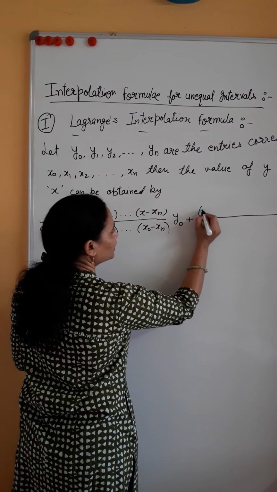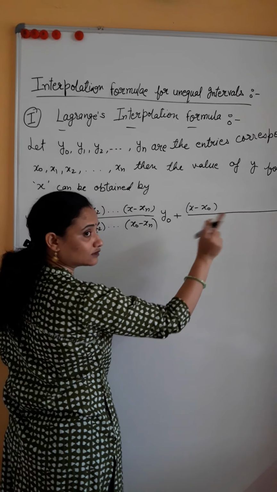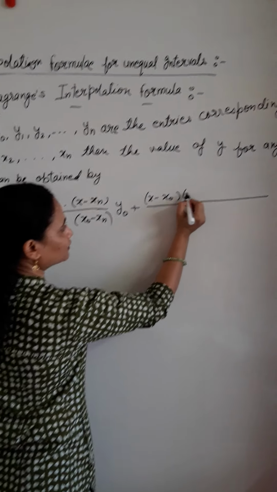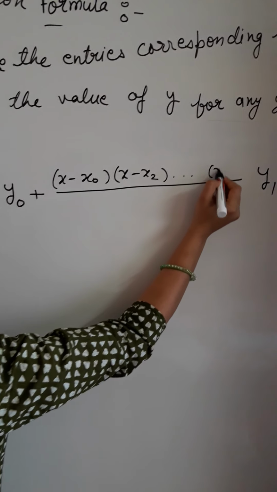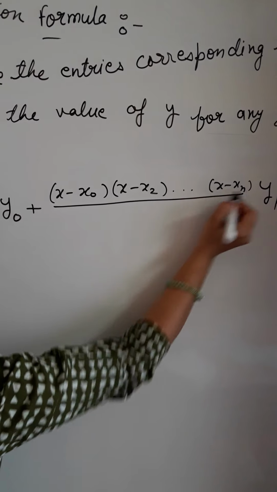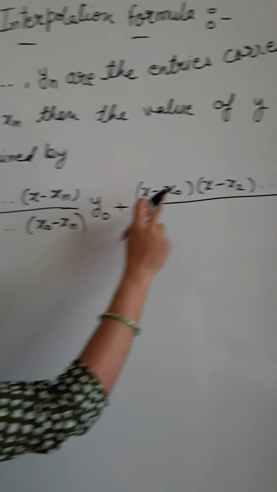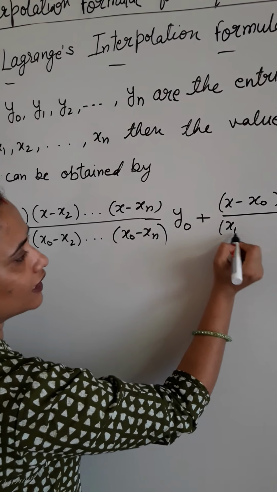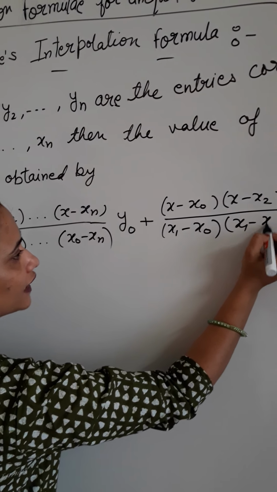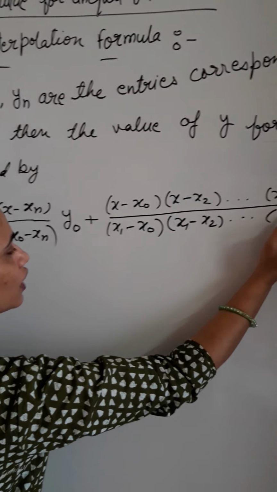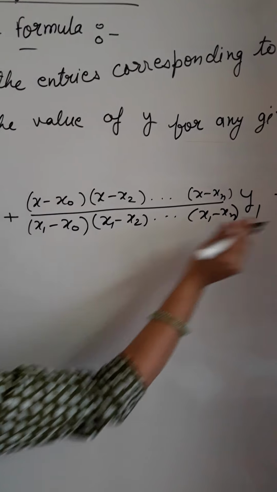Starting with x minus x0, x minus x1 will not come, so the next one will be x minus x2 up to x minus xn, divided by x replaced with x1: (x1 minus x0)(x1 minus x2) up to (x1 minus xn).